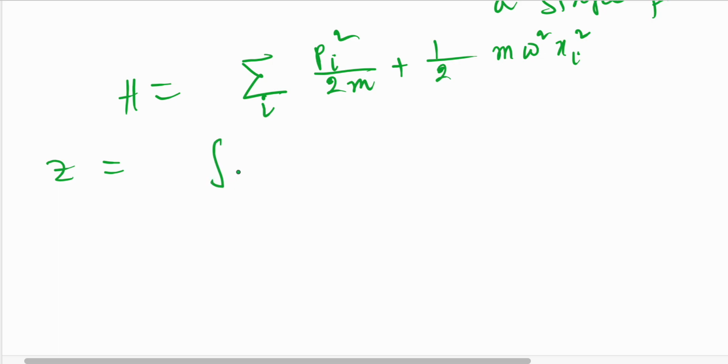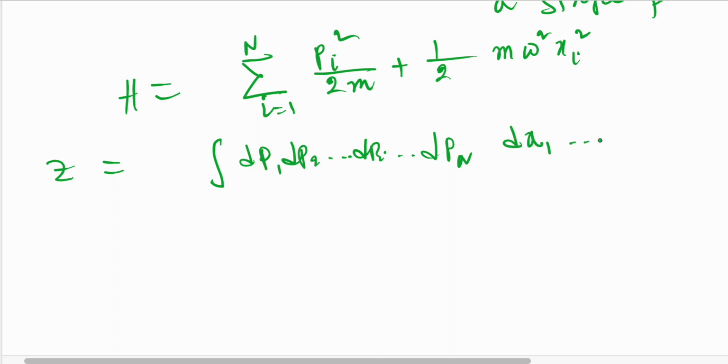Now the partition function will become integration dp1 dp2 up to dpN, since N particles are there, and similarly dx1 up to dxN, and e to the power summation from i equal to 1 to N of minus beta times this quantity. Since the pi and xi are for every particle, we can write the integration separately.